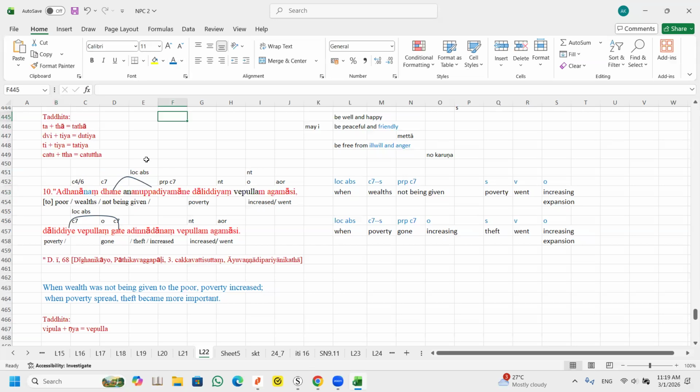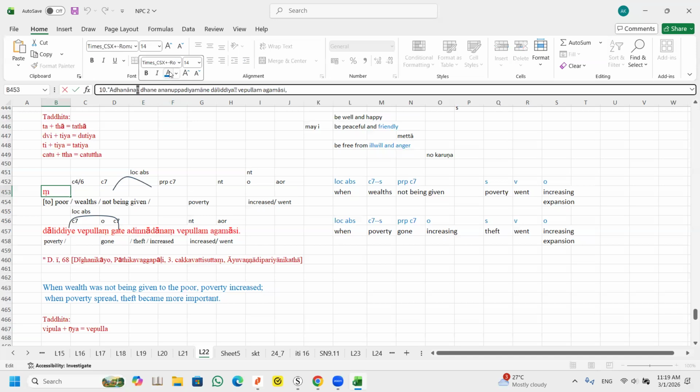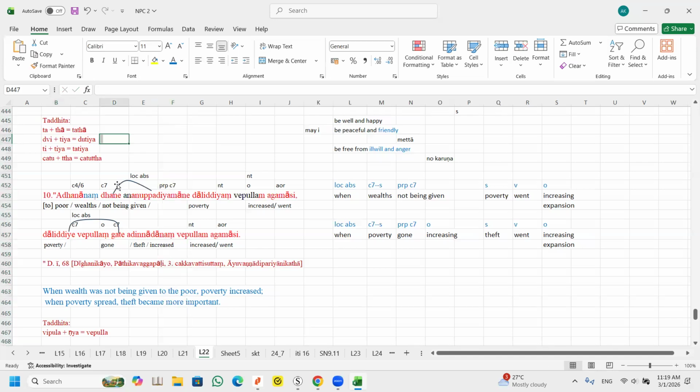It is always anam. Then it depends on whatever vowel. So this is definitely dative or genitive. Can you see the same case again? So this word and this word are the same, no?